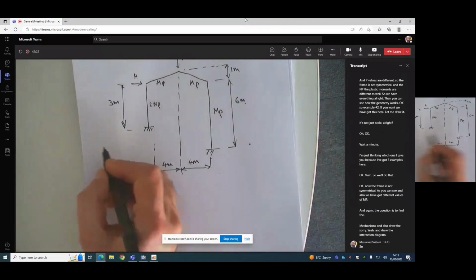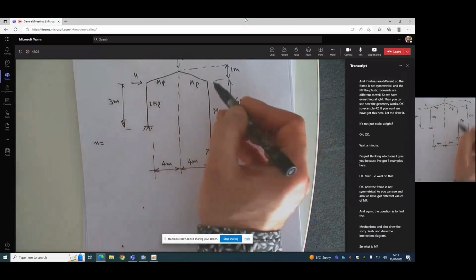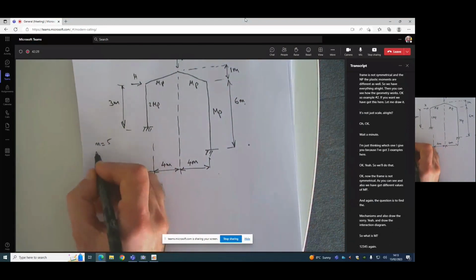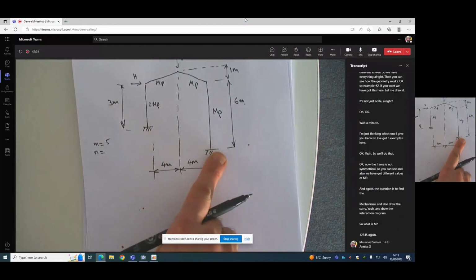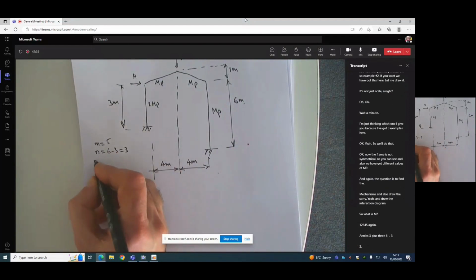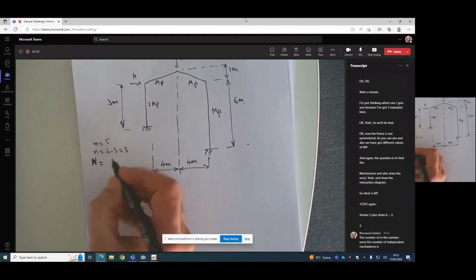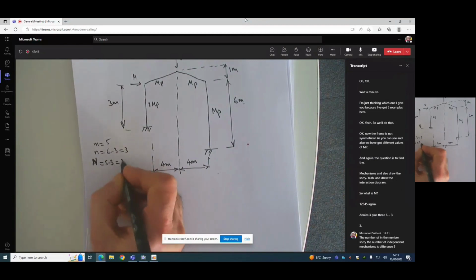So what is M? 1, 2, 3, 4, 5 again. N is 3 plus 3, 6 minus 3, 3. The number of independent mechanisms is the difference, 5 minus 3, 2 independent mechanisms.